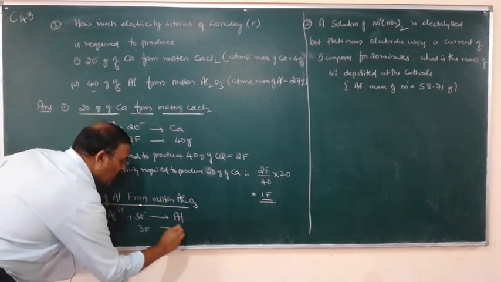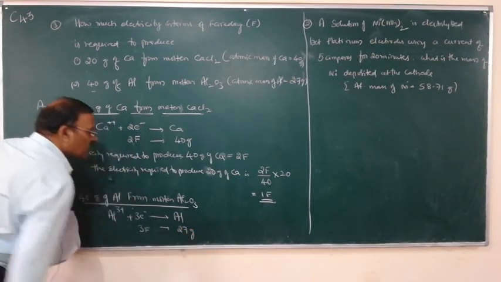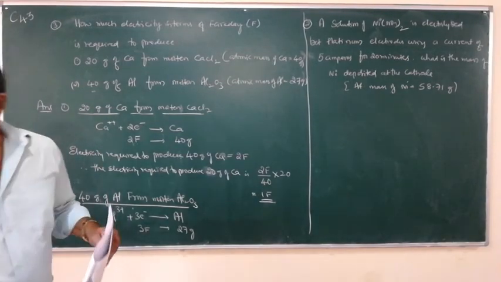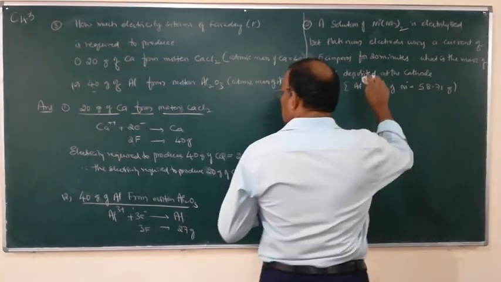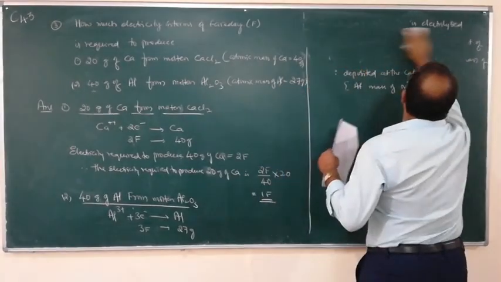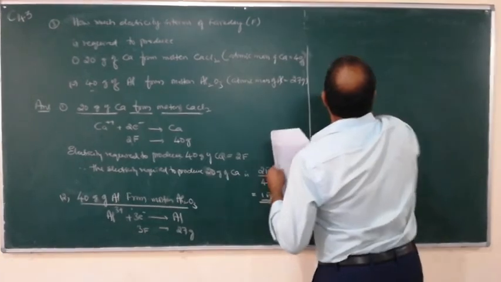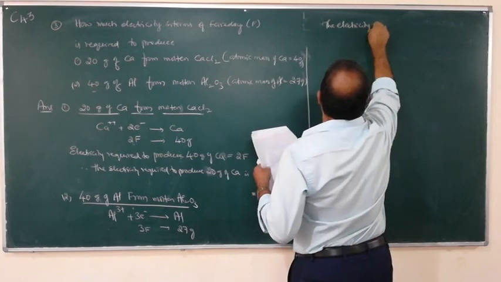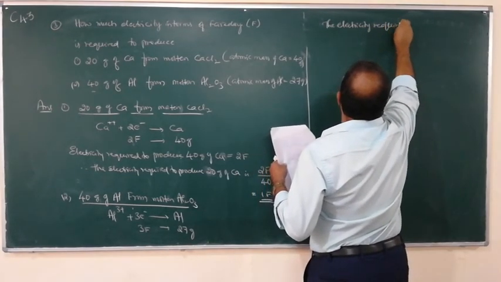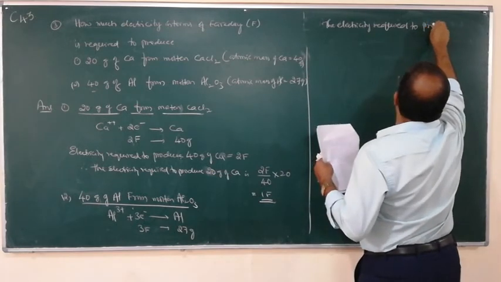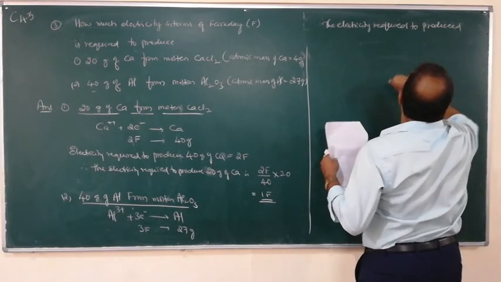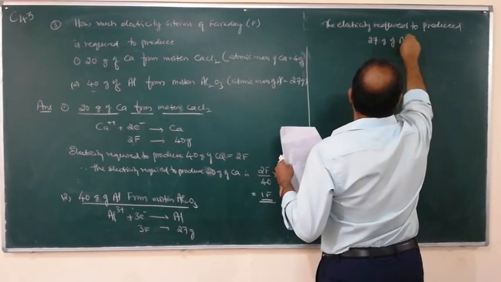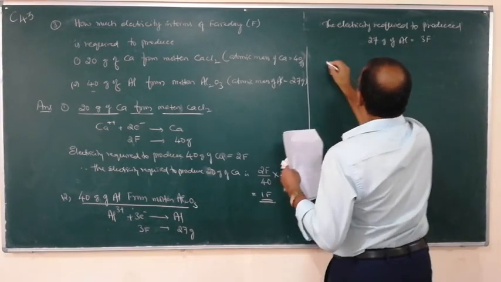It is equal to its atomic mass, that is 27 grams. So the electricity required to produce 27 grams of aluminum is equal to 3 Faraday.